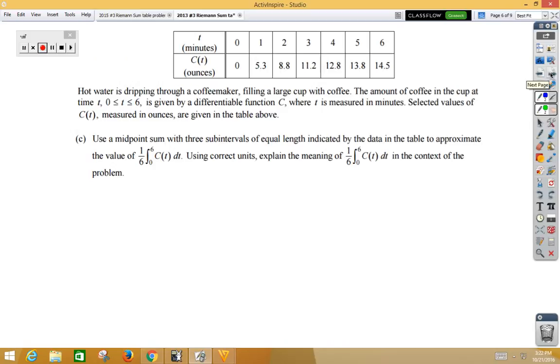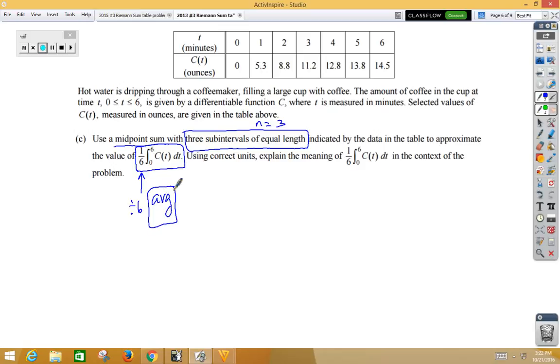Part C. Use a midpoint sum with 3 subintervals of equal length, so n is 3, in the table to approximate. And now notice, because we have a 1/6 there, we're dividing by 6, which means this is an average. So let's start off with midpoint.